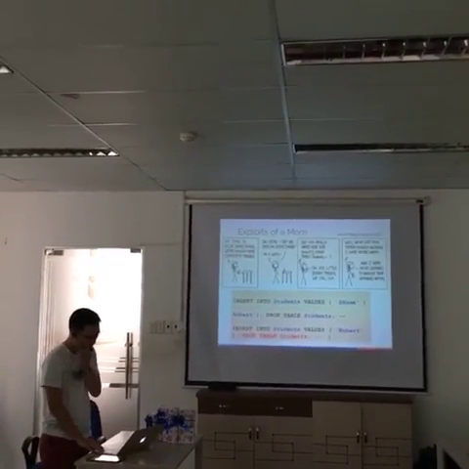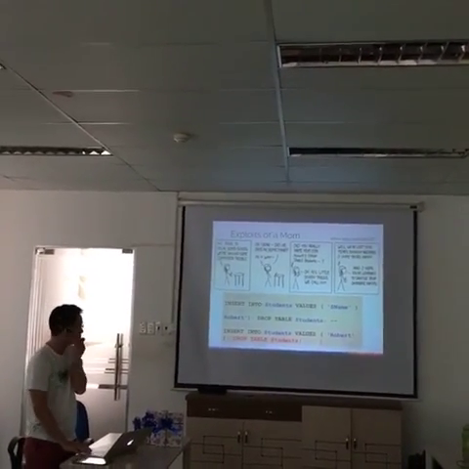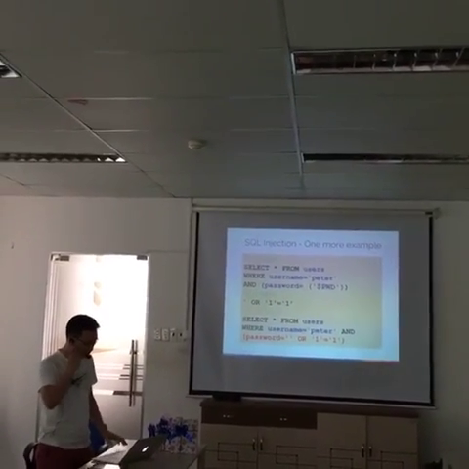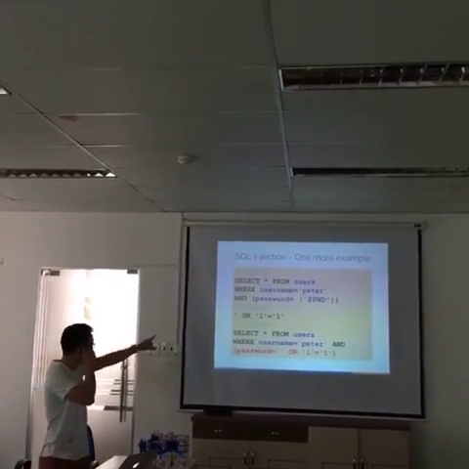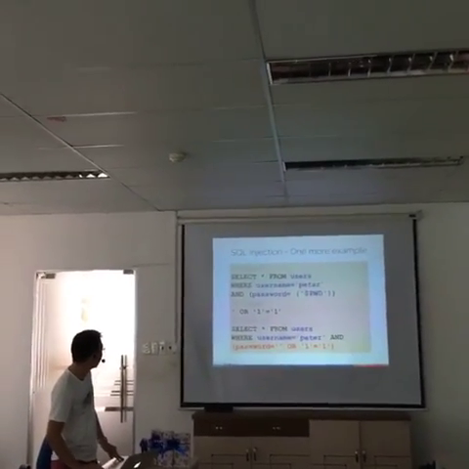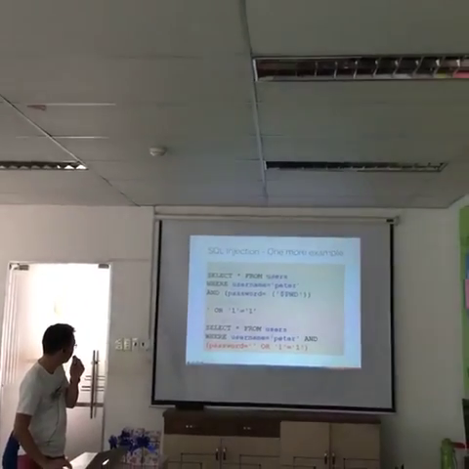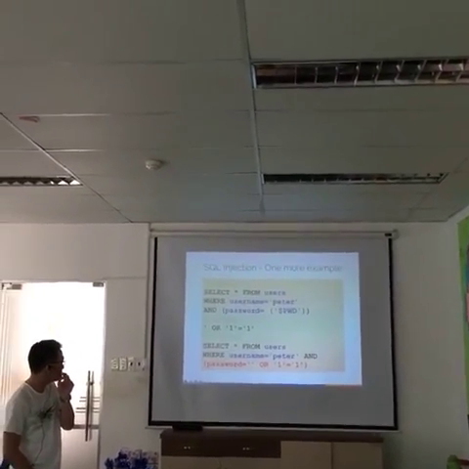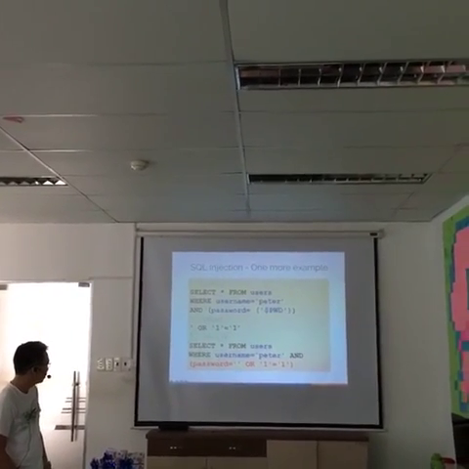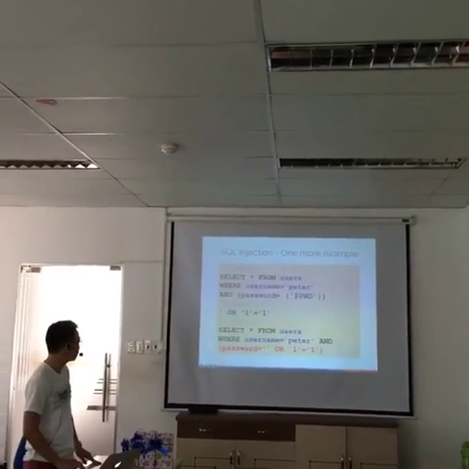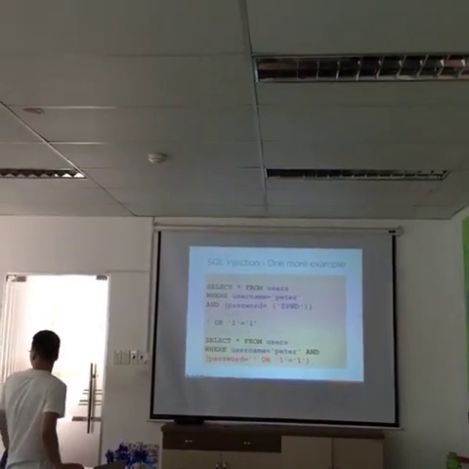I'm gonna give you one more example. Given that, let's say there's a query to get one user's data with the username equal Peter, and the password is the input. So if we have some weird input like quote or 1 equal 1, we have the result query here.